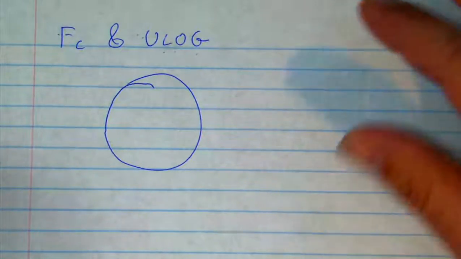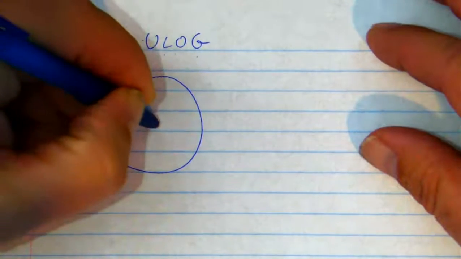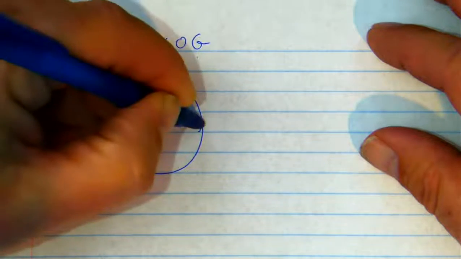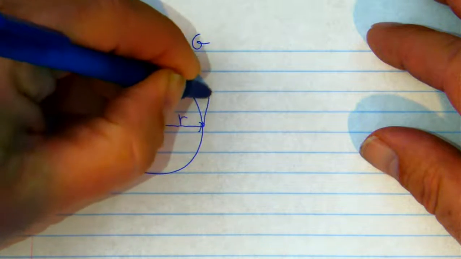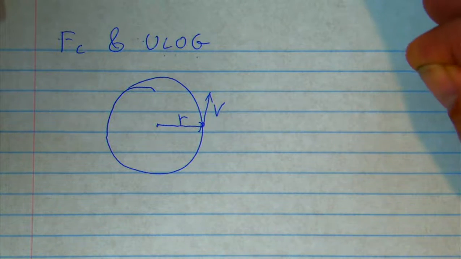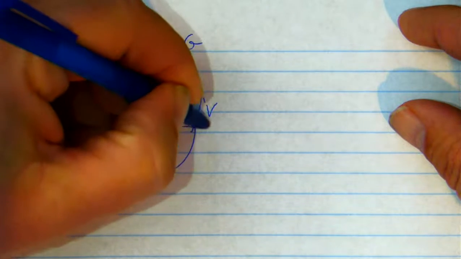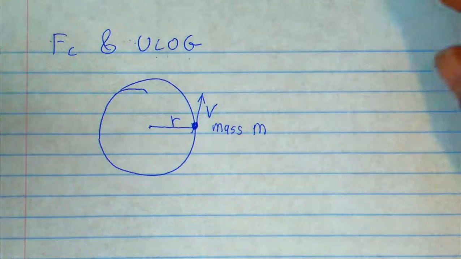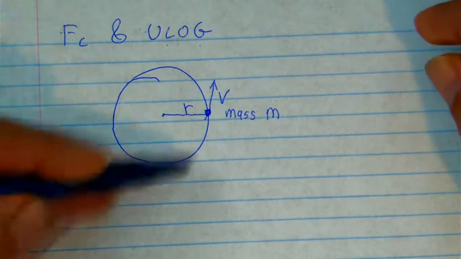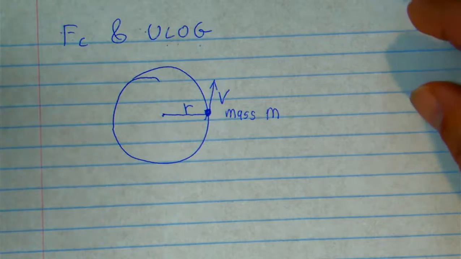So to start off with, the first part is I have a circle. And the circle has a radius of r. And I'm traveling at a speed v as I go around the circle. And not that we need to know it right now, but I have mass m at the end of the string or whatever it is that's making me go around the circle.